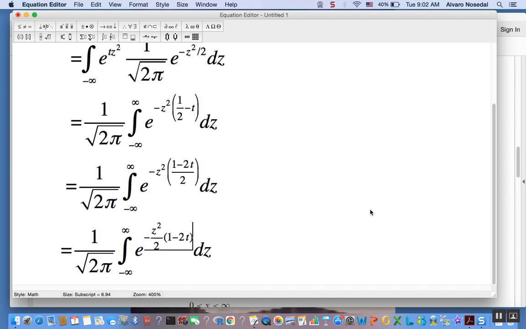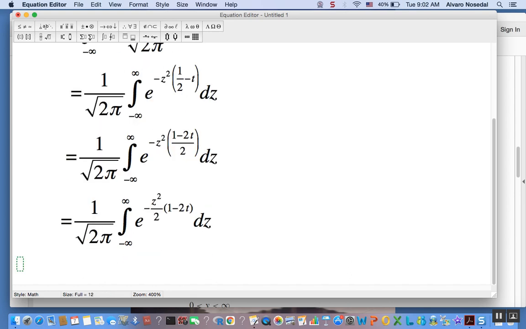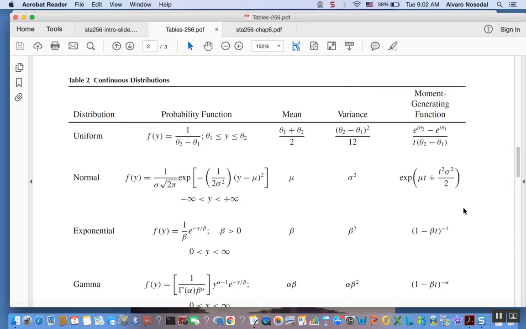Okay. Now I want you to take a close look at this expression. Then you go, e to the negative z squared divided by 2 times something. That basically looks like a normal, right? We go back to our table and we go, a constant e negative 1 over 2 times something and then y squared.